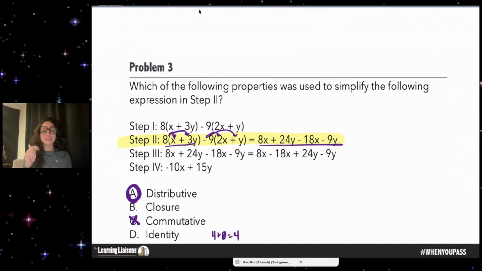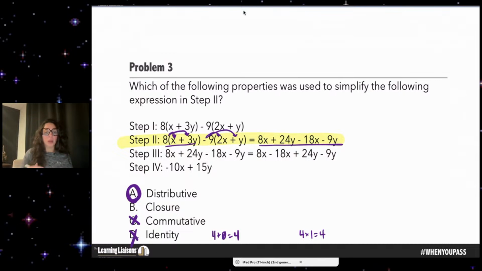So when I add 0 to a number, that is the identity property of addition. When I multiply a number by 1, that is the identity property of multiplication because what I'm multiplying by 1, I result in the original number. So that is the identity property.